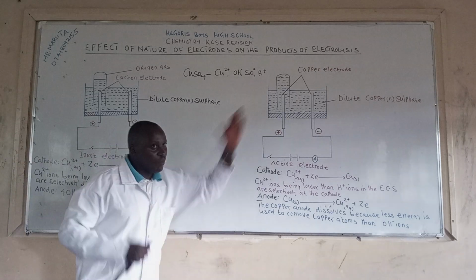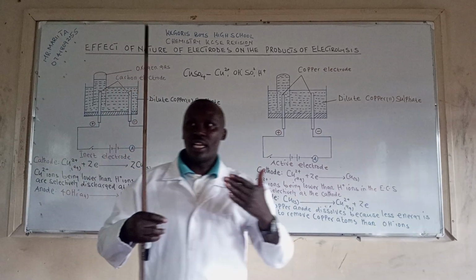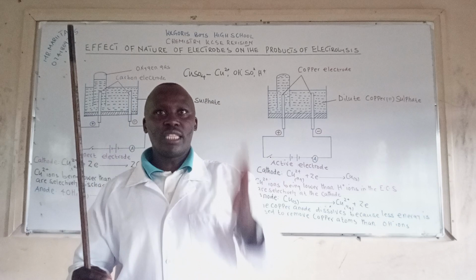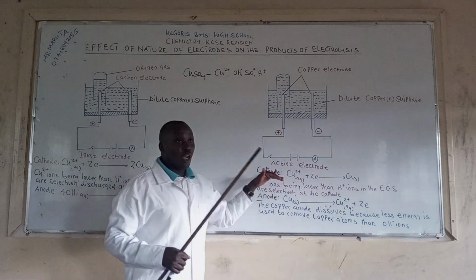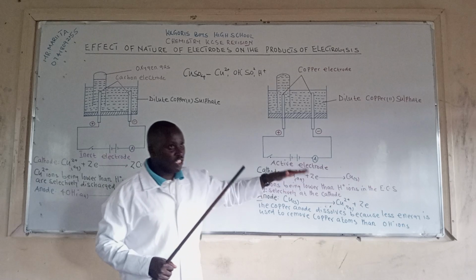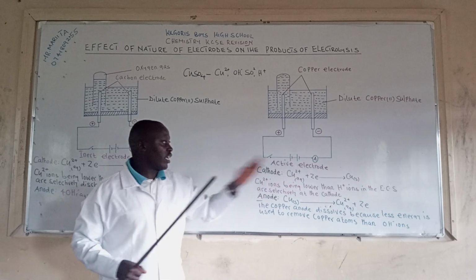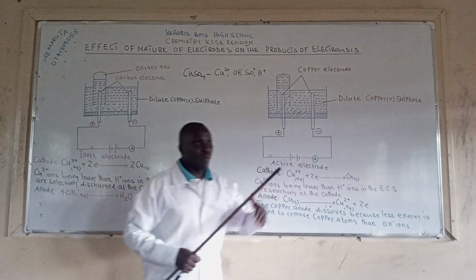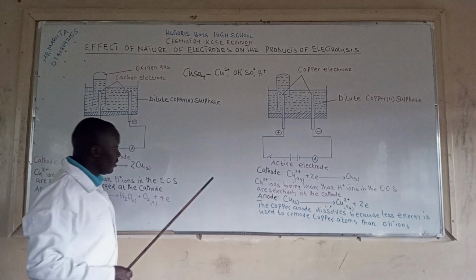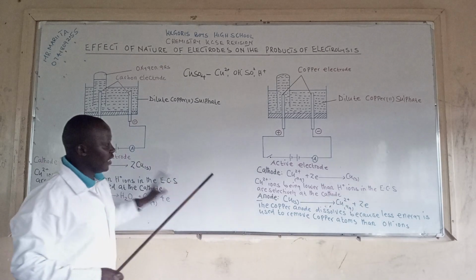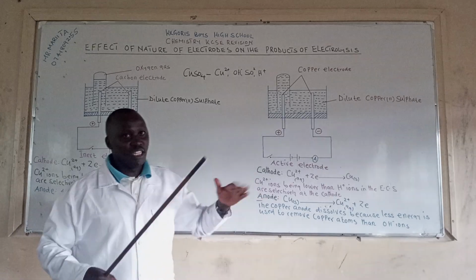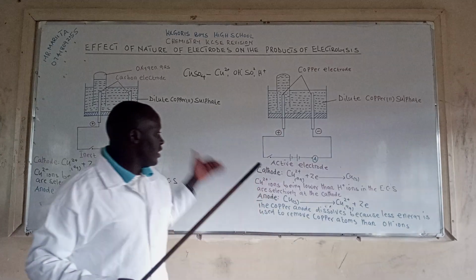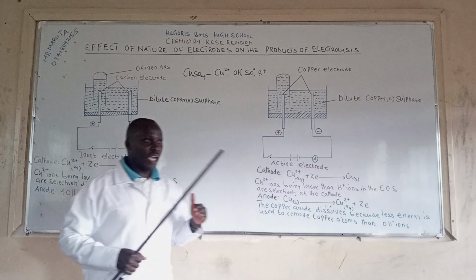Where we have the copper electrodes here, we are talking about the active electrodes, whereby now at the cathode we have the copper ions. There is of course reduction. Copper ions will gain the two electrons, and of course we have the copper metal. What you can differentiate from the inert electrodes here is that the copper ions, being lower than hydrogen in the electrochemical series, are selectively discharged at the cathode.